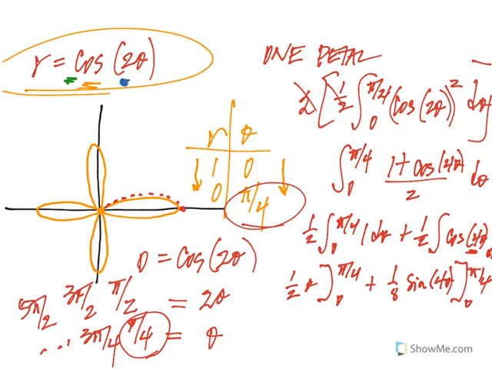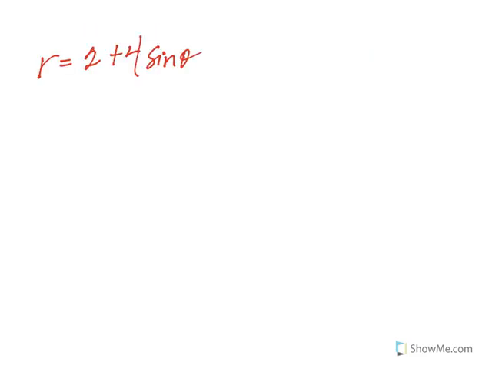All right, guys, just a few more examples, so hang in there. Let's say I was looking for the area inside this limaçon. Actually, go ahead and sketch this. Hit pause, sketch it, and then hit play again. This is what you're going to get.